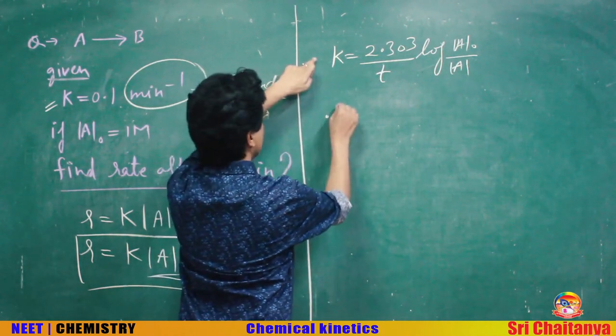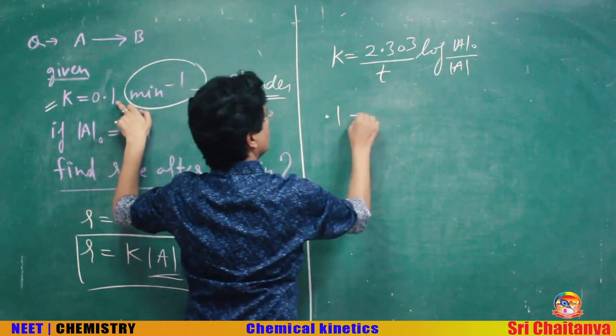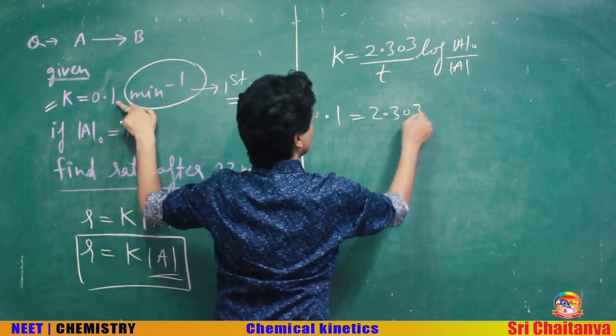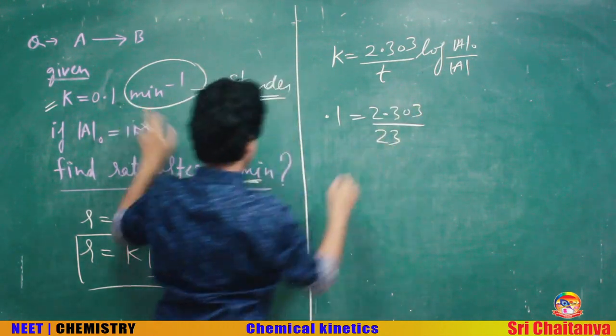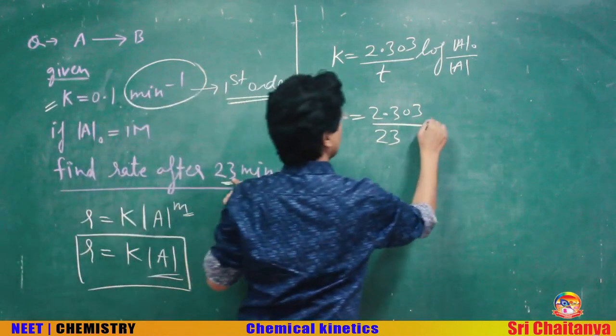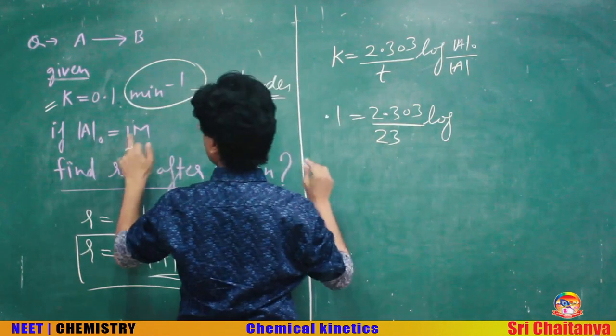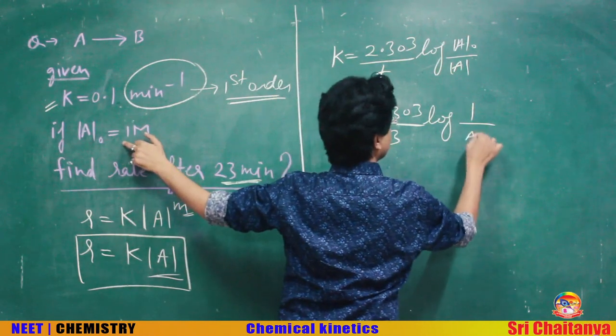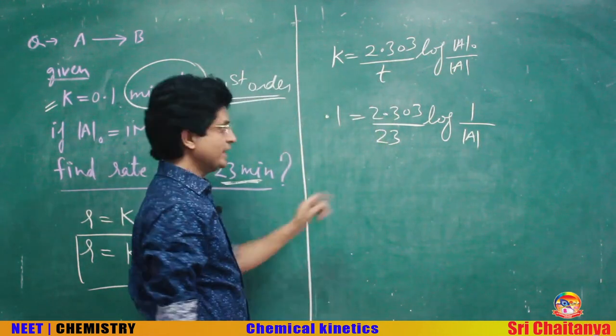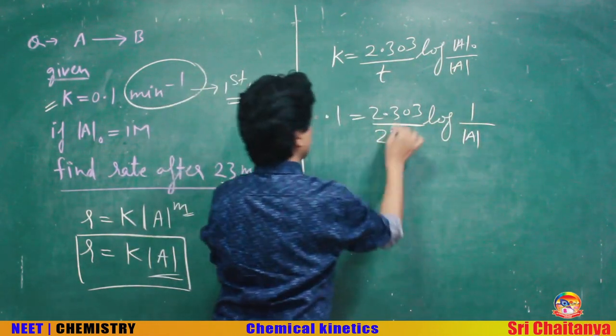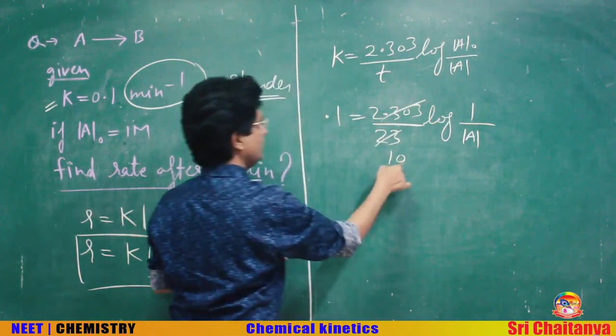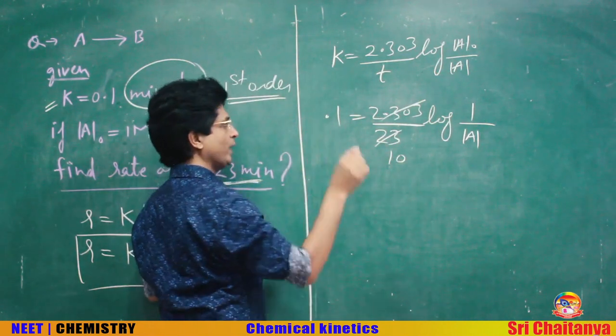So K is given as 0.1, 2.303, time taken is 23 minutes, log of A naught, A naught is 1 molar upon the remaining amount after 23 minutes. So this will be almost 10 into 0.1 will be 1.